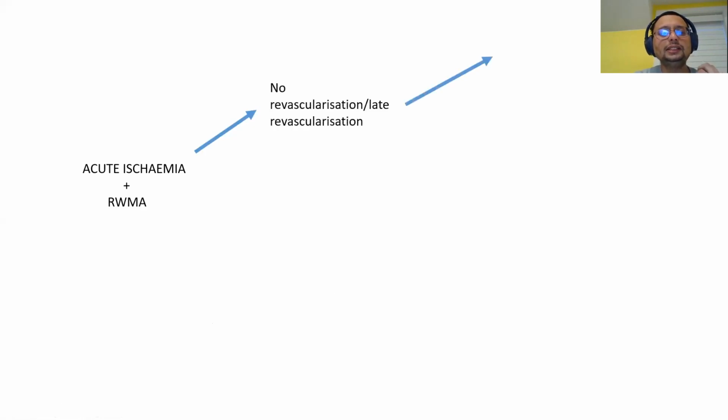Number one is we want to know why this patient has hypokinesia of that segment. So what is the reason we have hypokinesia? The reason is basically three. So number one, okay, this is chronic hypokinesia of the left ventricle. Let's say you have an acute ischemia in the past. However, you don't have any revascularization or you revascularize late.